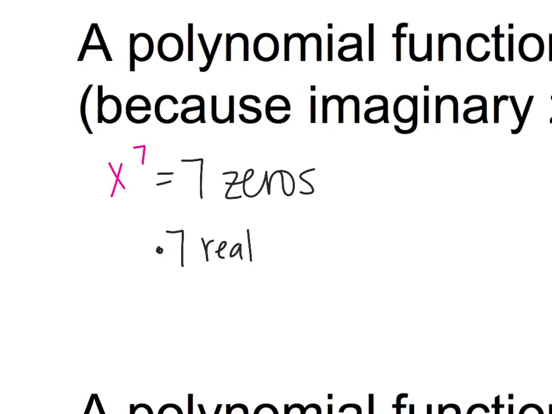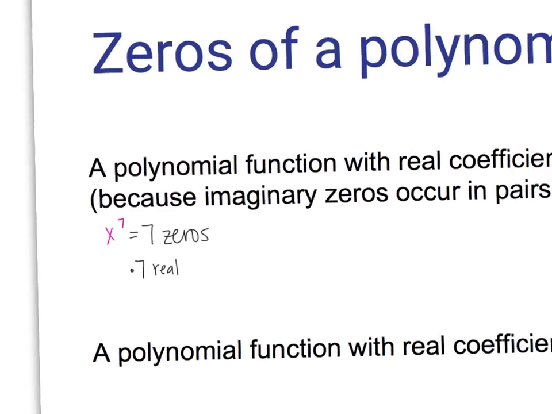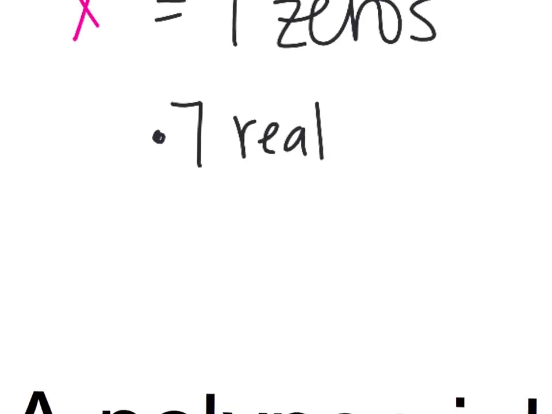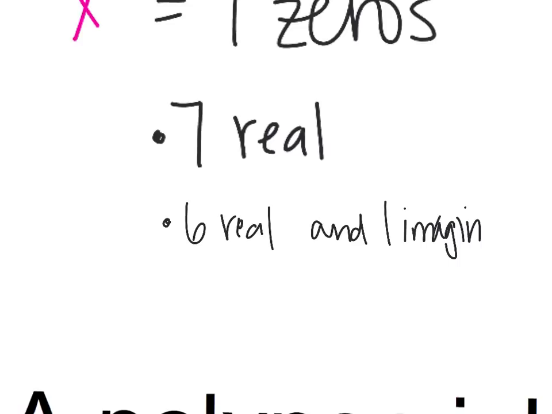But because imaginary zeros come in pairs, like that plus 2i, minus 2i conjugate thing we just talked about, I could never have 6 real and 1 imaginary, because that's not possible. It's not possible to have 1 imaginary. I must have 2 imaginaries.